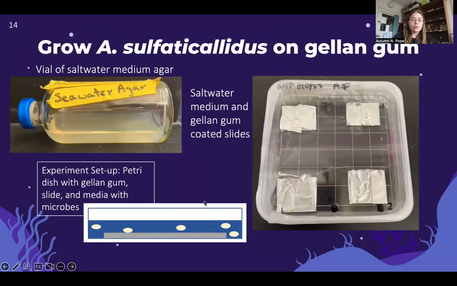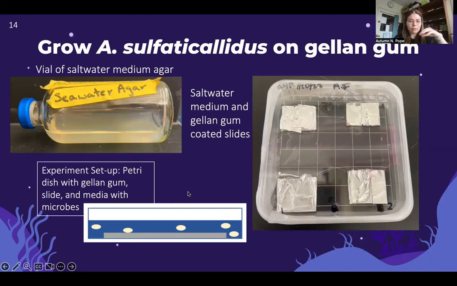So then I wanted to see if these microbes could grow on a kind of agar or gel. My goal, like the experimental setup, would be to have slides in a petri dish with this agar. I used a gellan gum mixture.